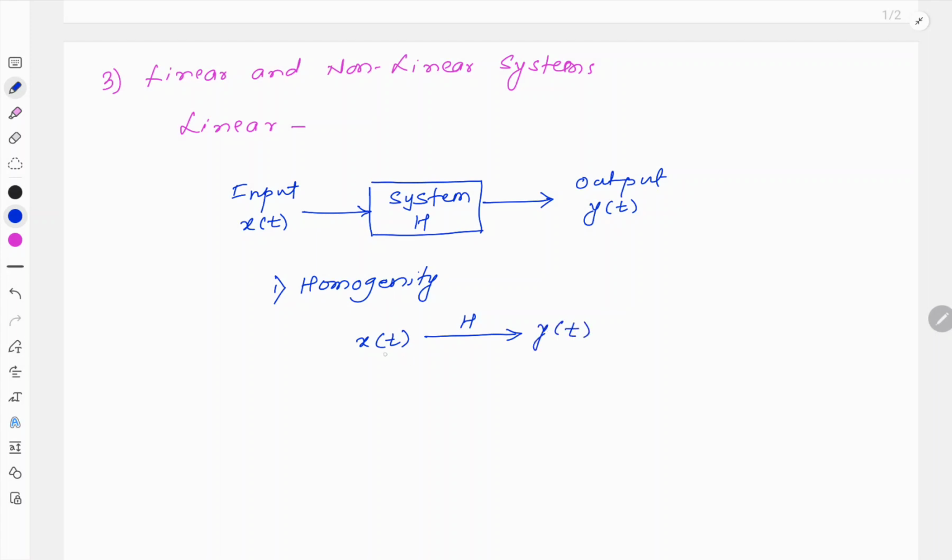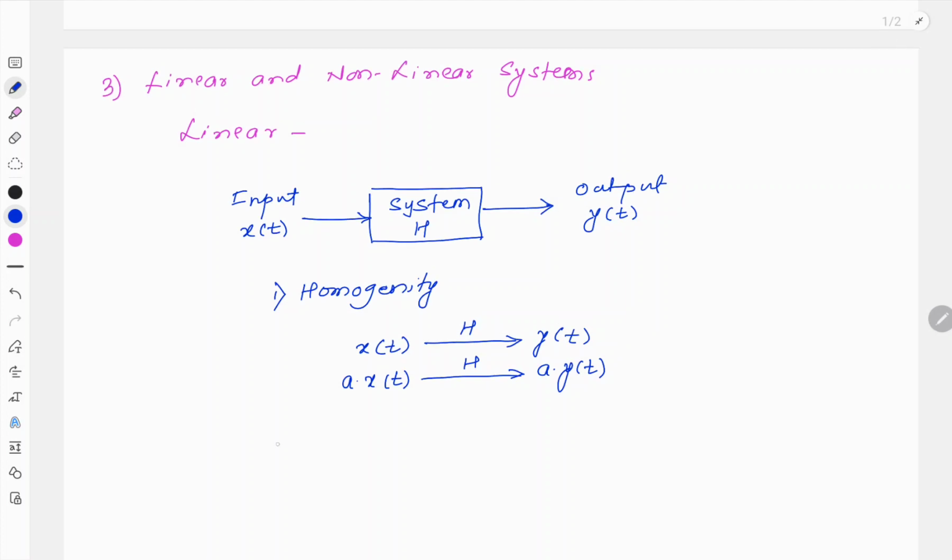Now instead of applying simply x of t, if I scale this x with some factor, let's say a, so a into x of t, where a is any constant value, then my output should be scaled with the same factor, so the output should be a into y of t. If your system satisfies this principle, then we are at the first step, that the system can be a linear system.